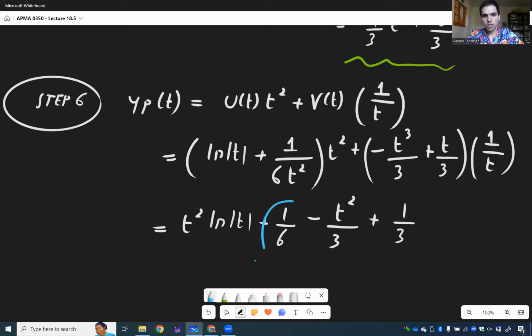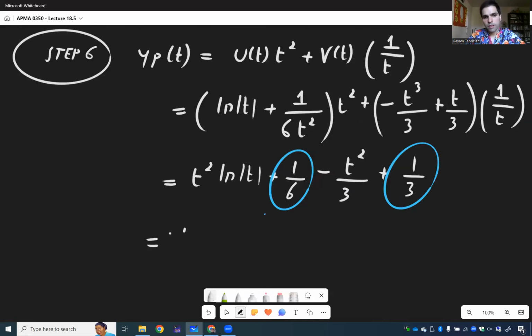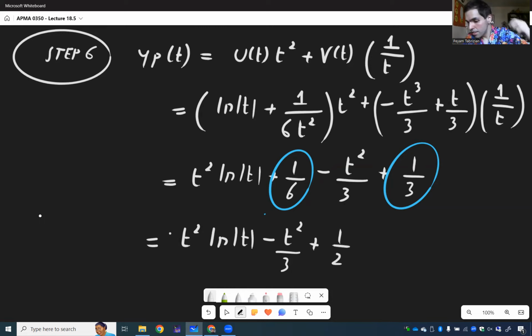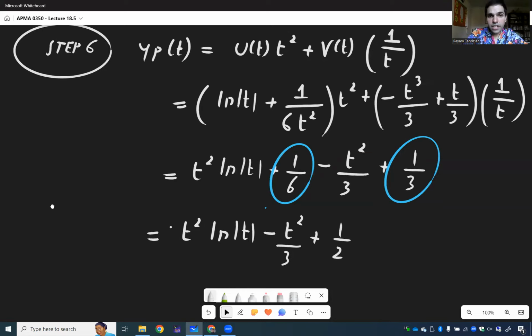Now notice the 1/6 and the 1/3 simplifies, and in the end we just get t squared ln of t minus t squared over 3 plus 1/2. And that was a particular solution.